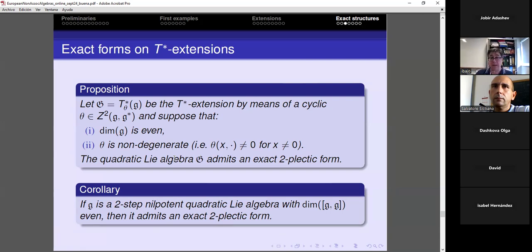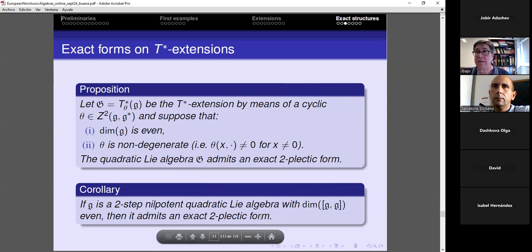For instance, in the case that we have a two-step nilpotent quadratic Lie algebra with the dimension of the derived ideal even, then it always admits an exact two-plectic form, which is quite an interesting result.